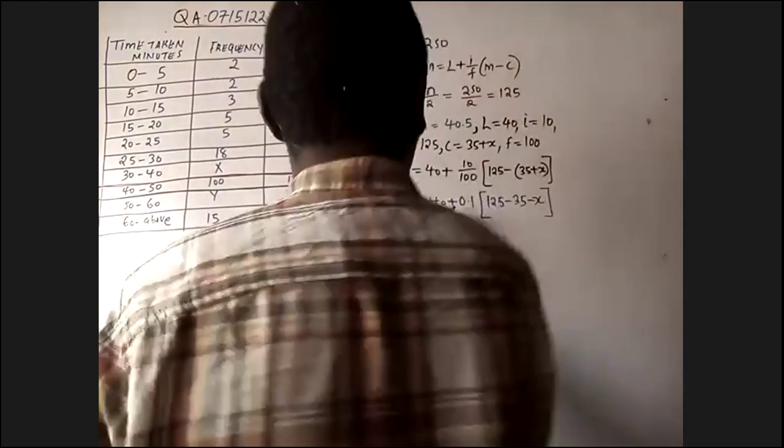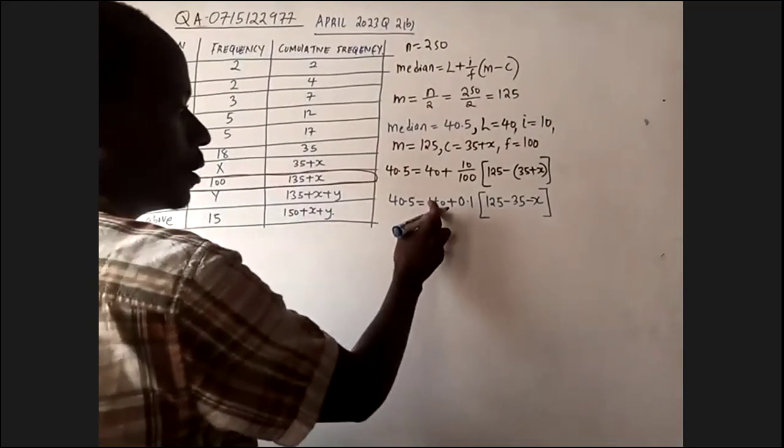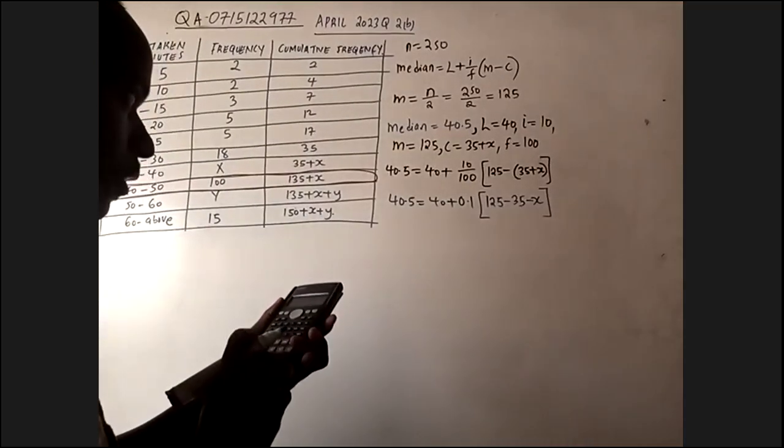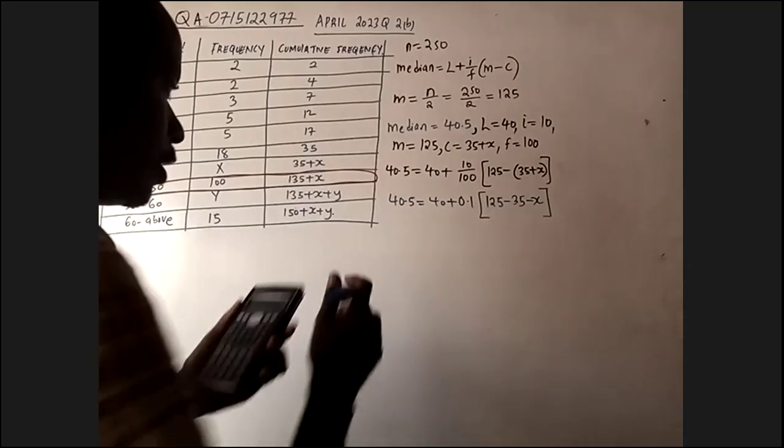Now let us bring this 40 to the other side. So 40.5 minus 40, we repeat 0.